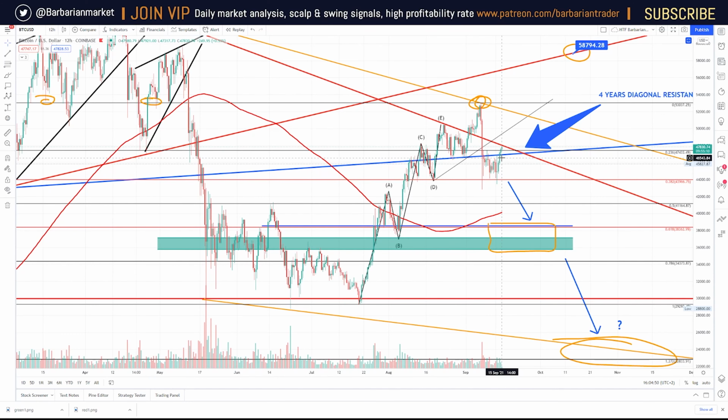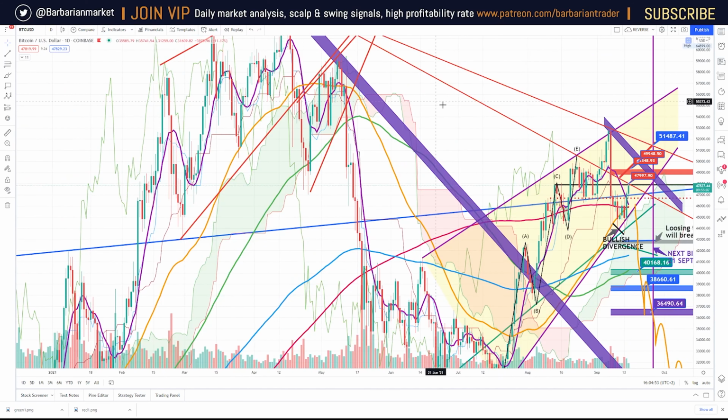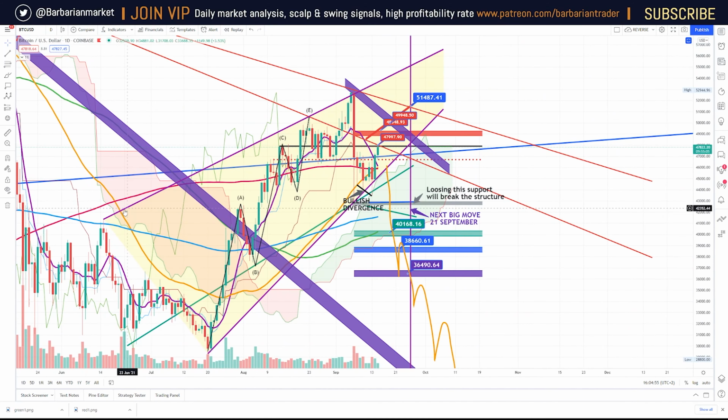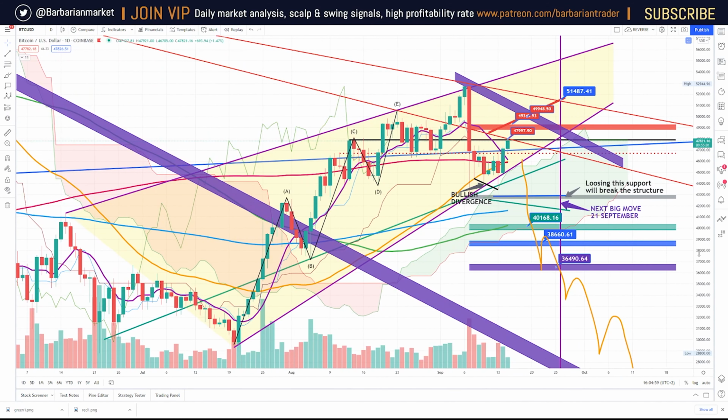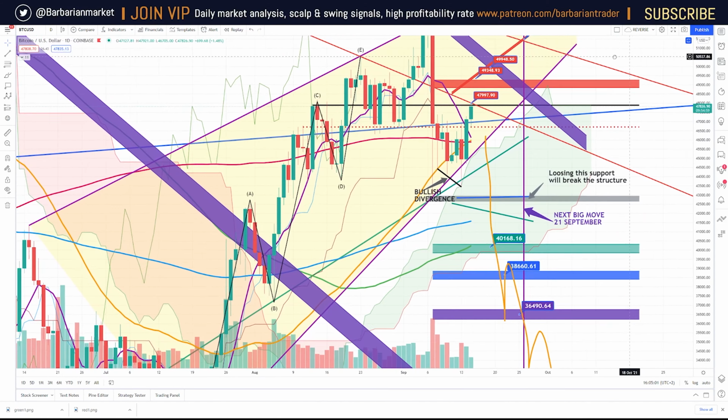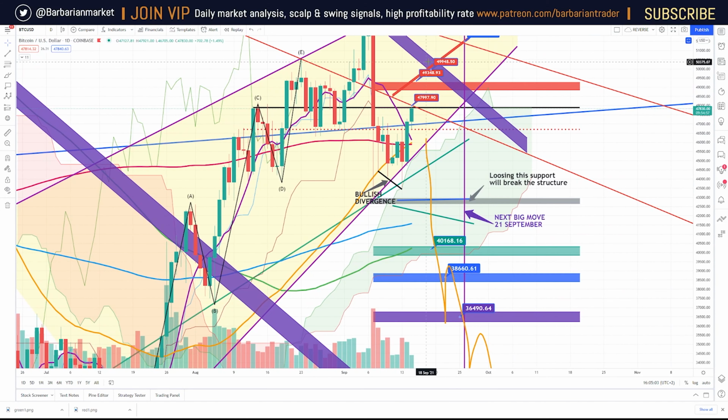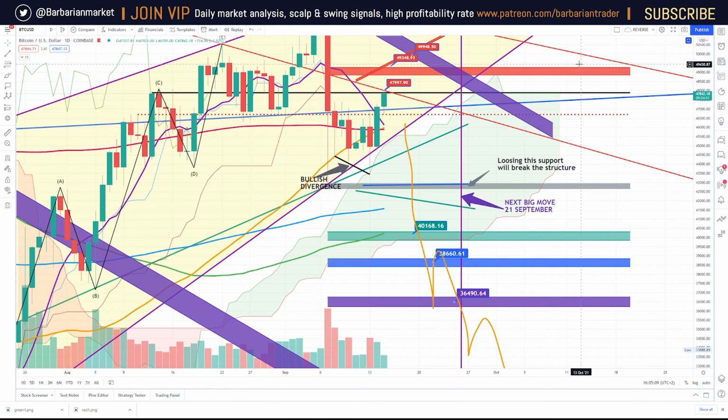We have to keep an eye on it. Then we have those levels. We have this big rising wedge which, if it plays out, let's say we go short in this area, it might play out toward some support levels.